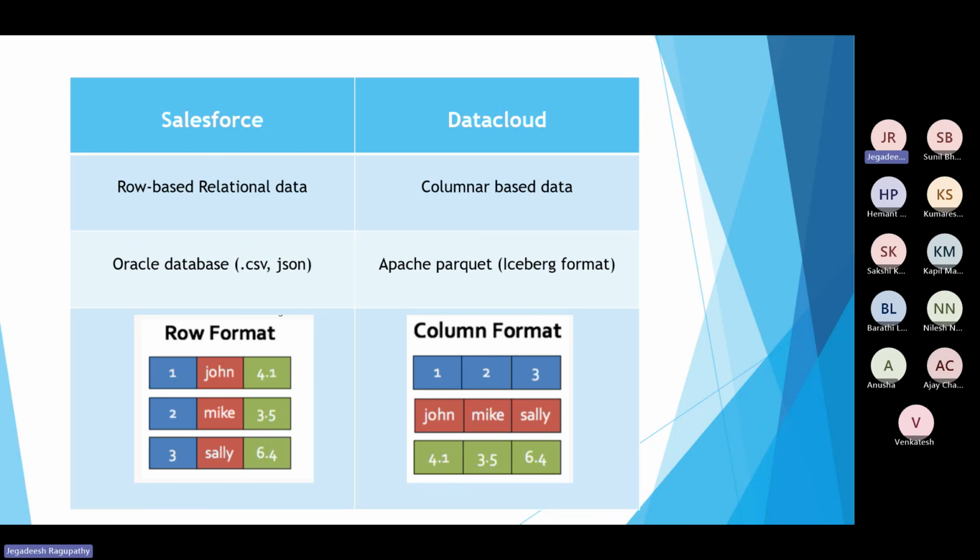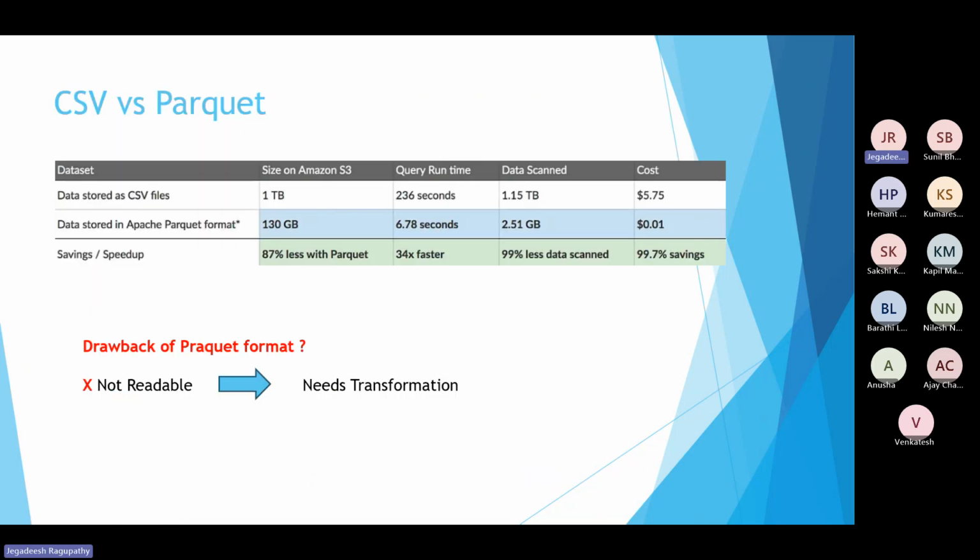Let's move to why the Data Cloud decided to move from the traditional RDBMS to columnar-based dimensional data. This is the reason.